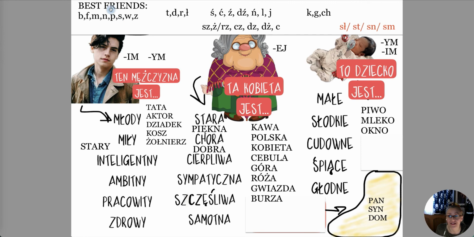This group, best friends, is shared between masculine and feminine nouns. The ending is however, we've got a little softening there, so ie, kawie, right? So myślę o dobrej kawie.